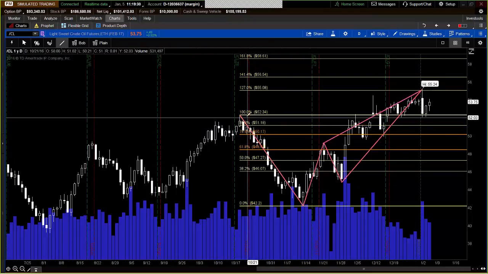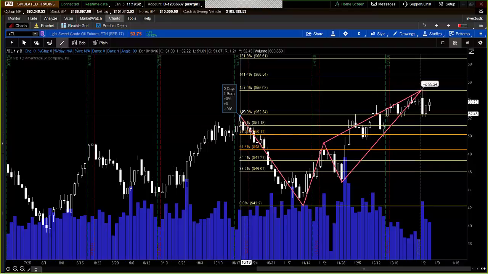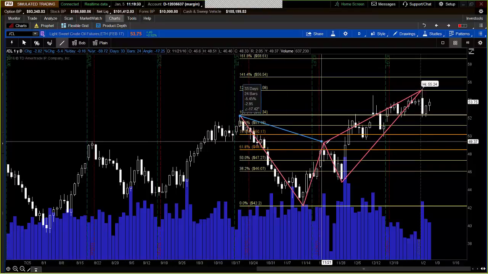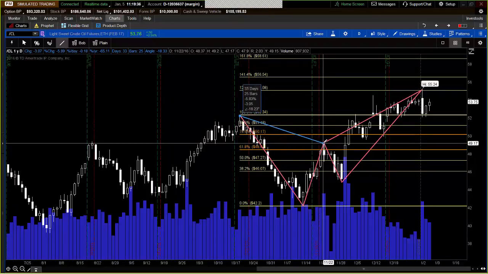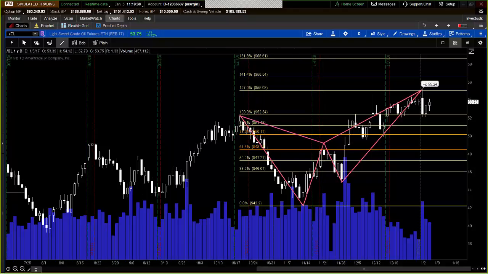And it's remarkable how frequently these patterns hold, and the only way that anyone has to become a believer is just draw them, and they'll see that it works all the time on any time frame.